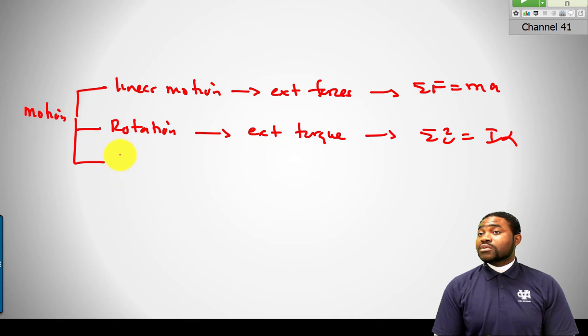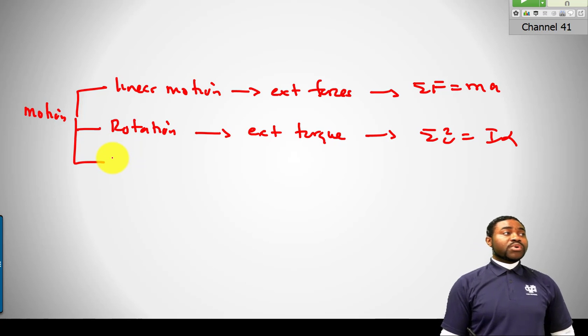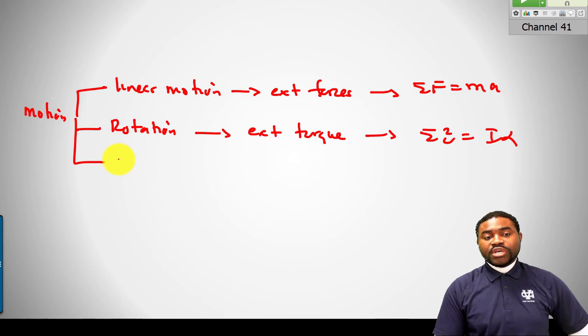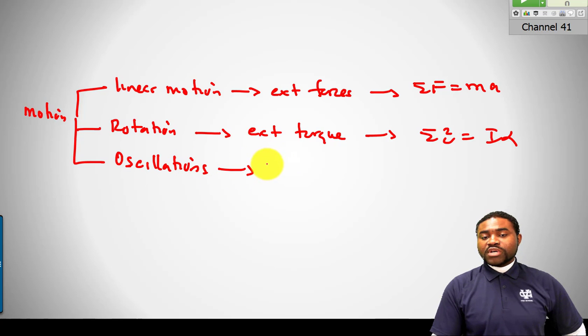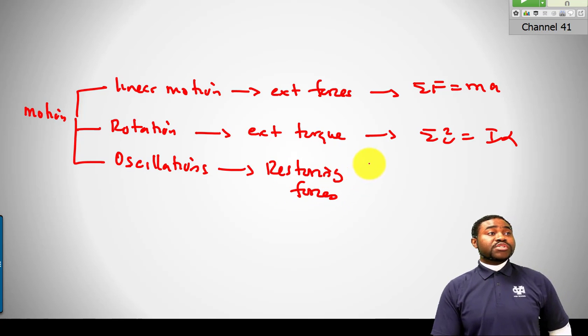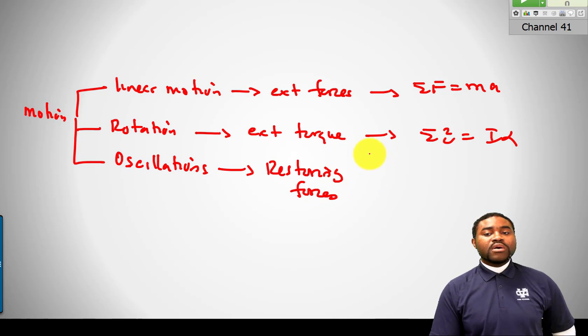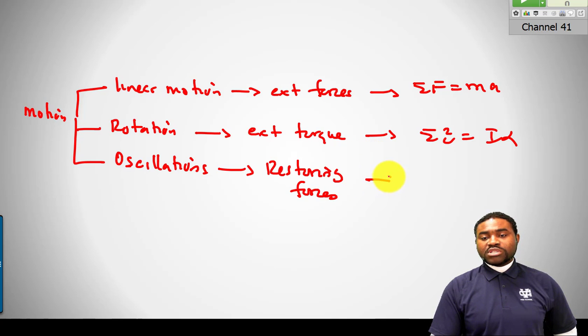And lastly, the last type of motion that we will discuss in this class will be oscillations, or mechanical oscillations, to be more specific. Now, oscillations are due to restoring forces. This particular type of force, a restoring force, is a resultant force.